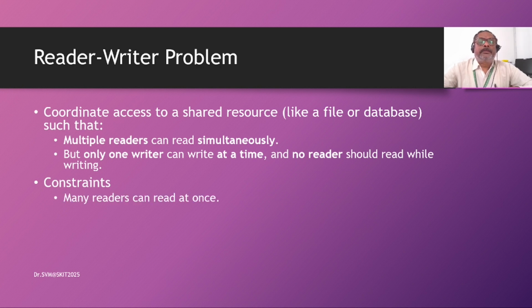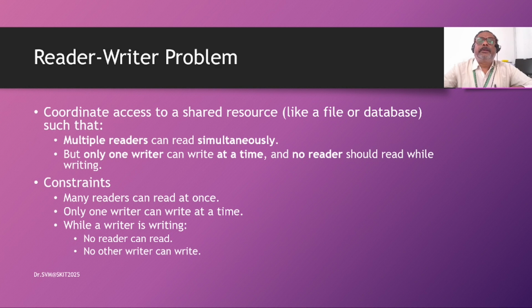So the constraints for this problem: many readers can read at once, so we need to allow multiple readers to read at a given time. Then only one writer can write at any time, and when a writer is writing, no reader can read and no other writer can write.